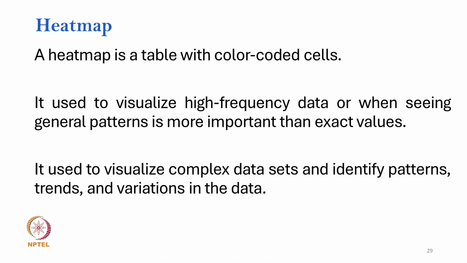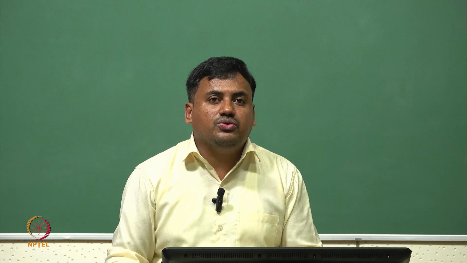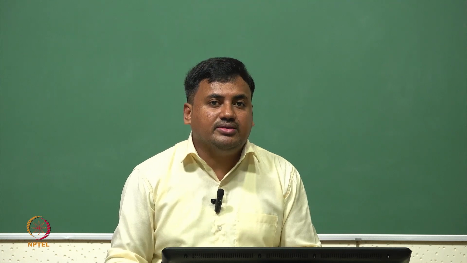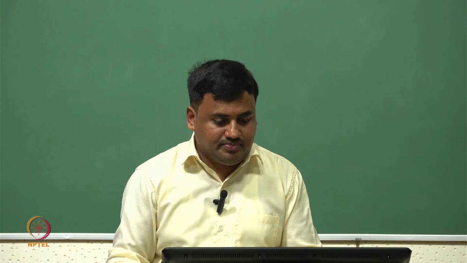Another category of charts is the heat map. A heat map is a table with color-coded cells. They are also often used to visualize high frequency data, or when seeing the general patterns is more important than the exact values. It is often used to visualize complex data sets and identify patterns, trends, and variations in the data.